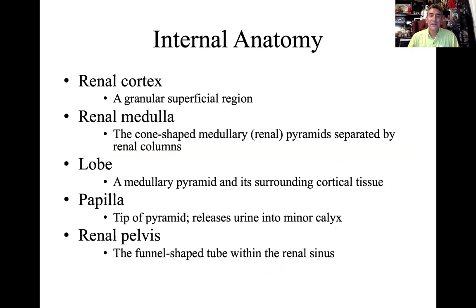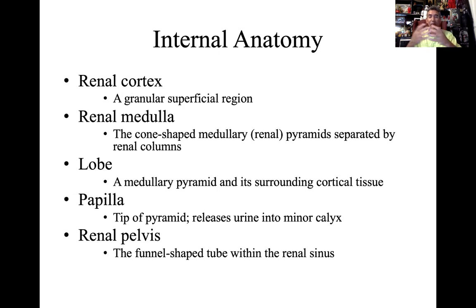Another idea of the internal anatomy of the kidneys, right? There's specific regions, and again, this is where I wish we had you in lab. I wish we could be actually looking at some stuff in lab, but we're going to have to make do with pictures here. So we have our renal cortex. Cortex is always like the peel, like the shell, right?